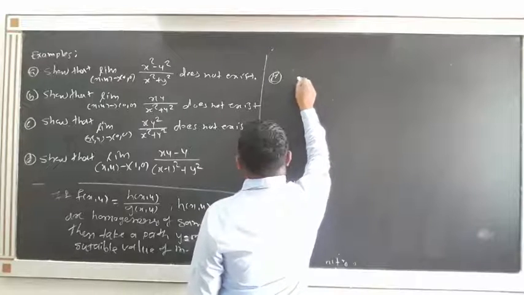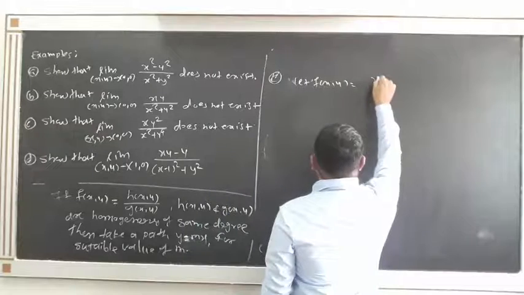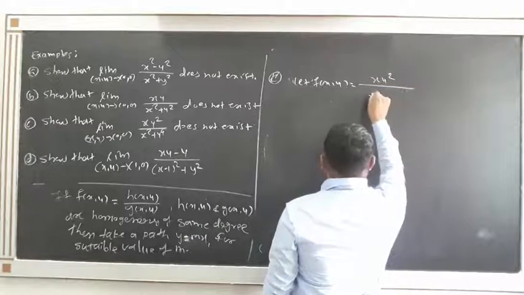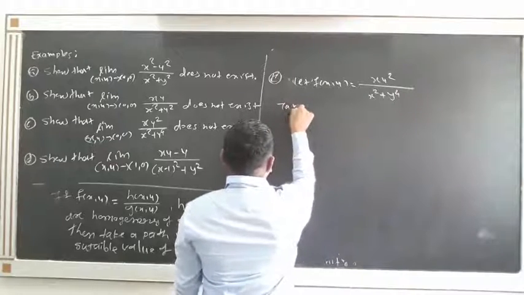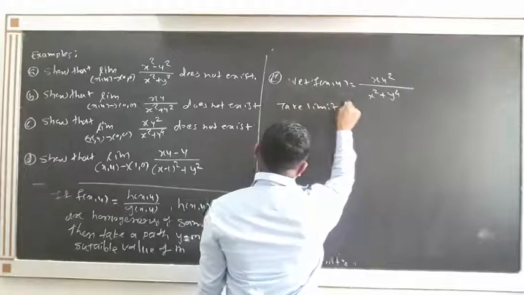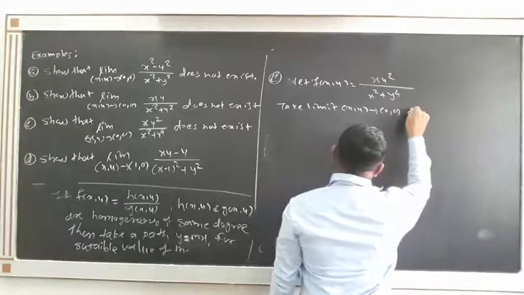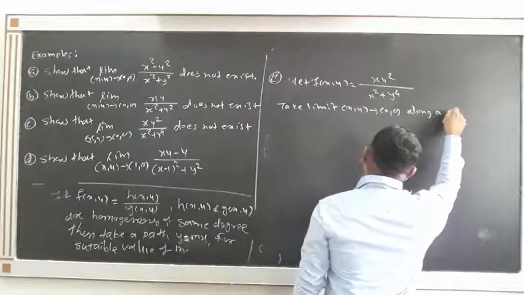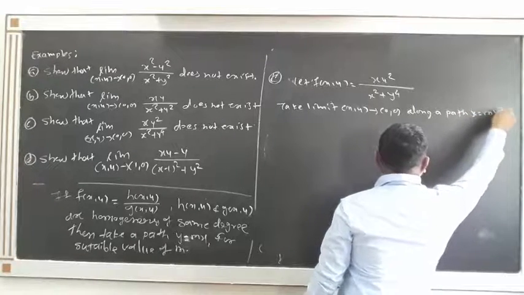Third one, let f of xy is equal to xy square upon x square plus y raised to 4. So take limit xy tends to 0 0 along a path x is equal to my square.